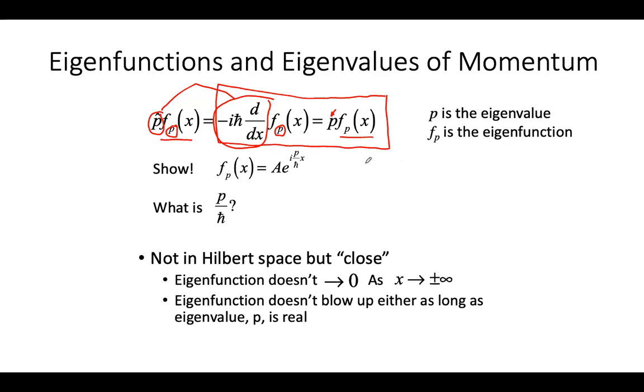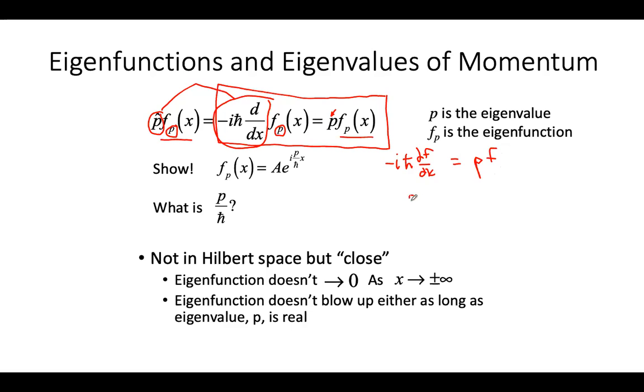Okay. And I'm going to drop the of x, but I think this means that minus i h bar times df dx is equal to some constant, which we're calling p, which is the momentum eigenvalue, times f again. And these are f sub p's, but I've dropped the subscript just because it's hard to write with this little pen. And so the technique to solve this is to separate variables, right?